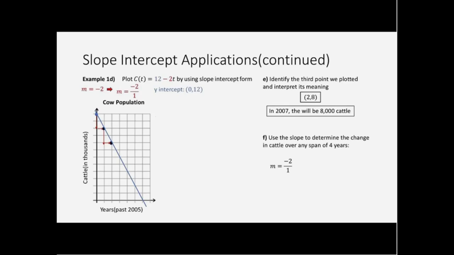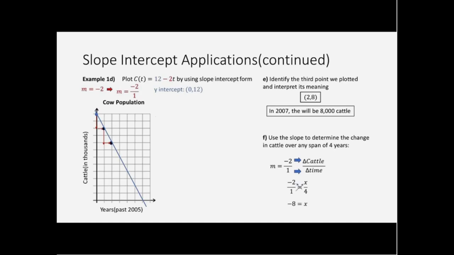The bottom of my proportion is the change in time, and the top is the change in cattle, a fancy way of writing it, delta. As I mentioned, the change in time is 4 years, and I'm going to find the change in cattle over that 4-year span. Once I have this proportion set up, it's easy enough to do a quick cross multiplication.